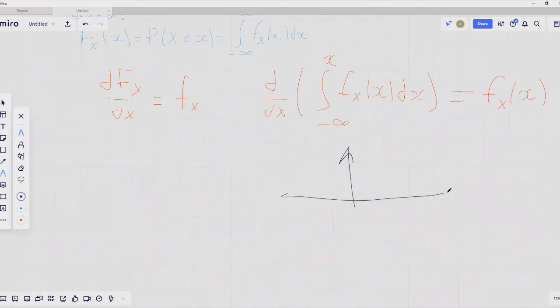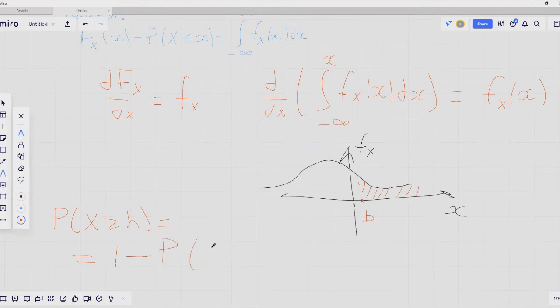Now, since a total of 1 unit of probability is assigned over all real values of x, if I am looking for the probability, let's call it P, that my random variable lies to the right of some value small b, then it can be defined as 1 minus the probability of X being less than b, which is exactly the CDF of random variable X at point b.